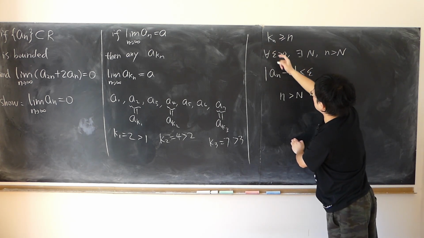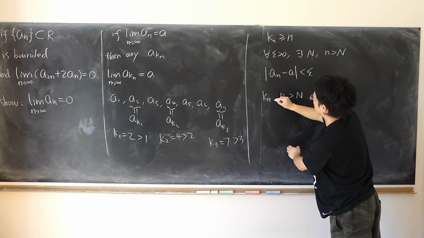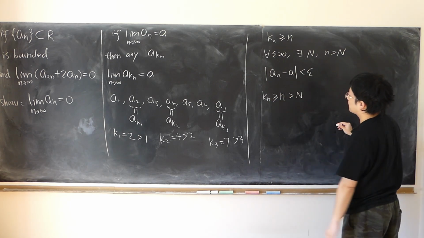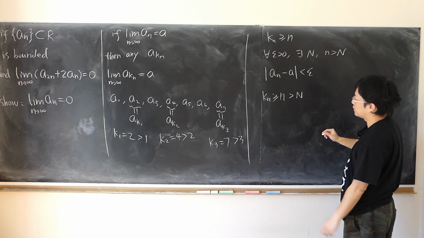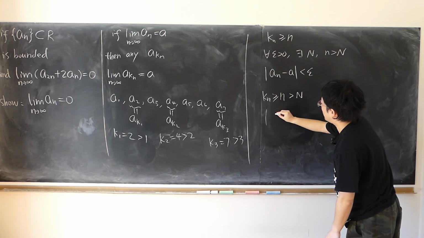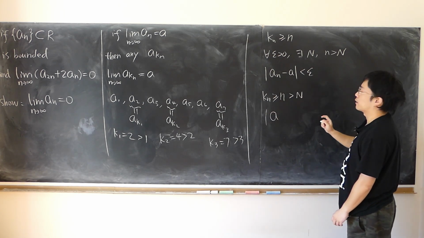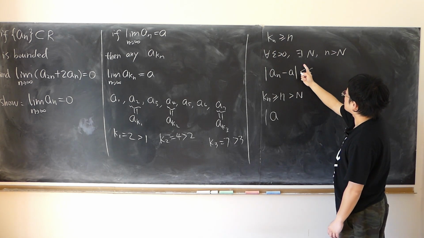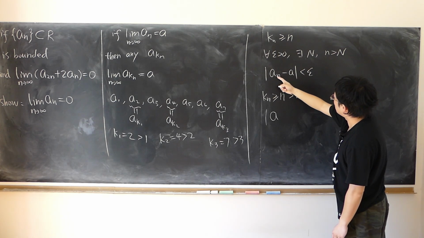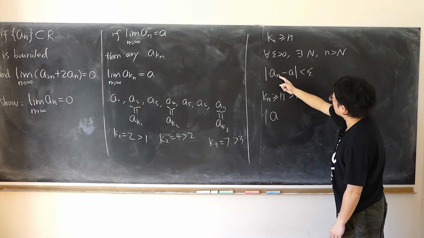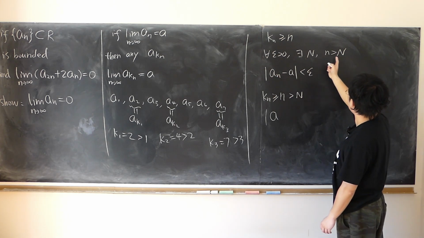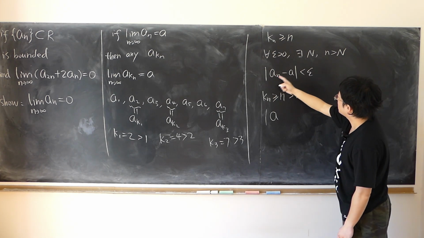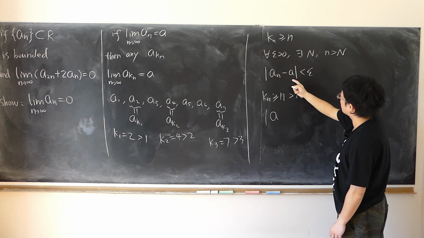Also knowing that Kn is bigger, the absolute value, translating into English, is telling us that as long as the little number on the right hand bottom corner of A is big enough, then this absolute value can be small enough.